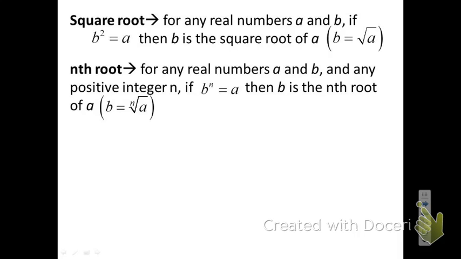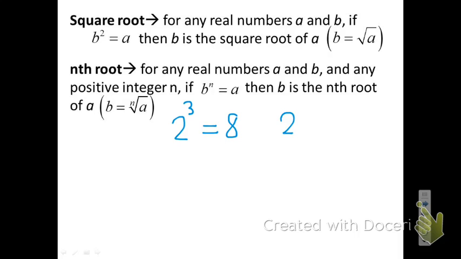Okay, the nth root: for any real numbers a and b and any positive integer n, if b to the n equals a, then b is the nth root of a. So, for example, if I have 2 to the third, we know that 2 to the third is 2 times 2 times 2, so that's 8. But I can go the other direction with this.